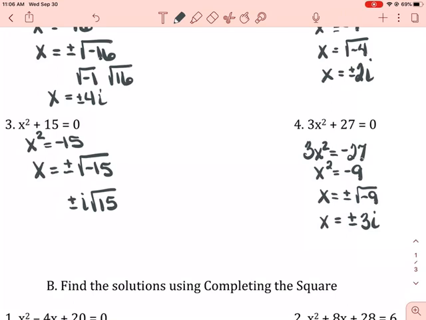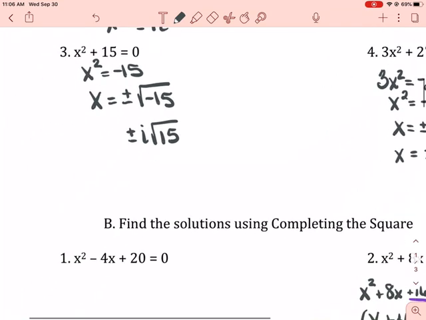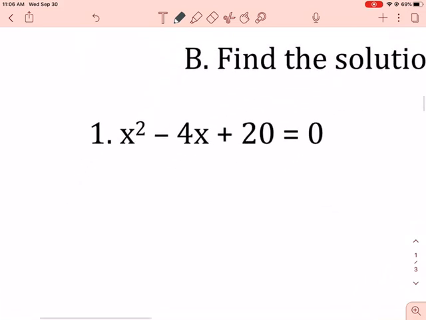Now we're going to move on to completing the square. We're going to take our complex ideas and use the completing the square process. First thing we're going to do is move the 20 over to the other side.